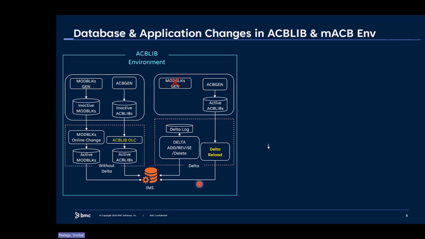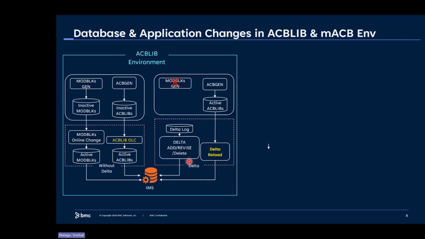When we look at how Delta handles defining resources to the IMS, we don't need to perform MODBLKS gen with Delta. You can directly use a Delta list add, revise, or delete request to define those elements to the IMS.